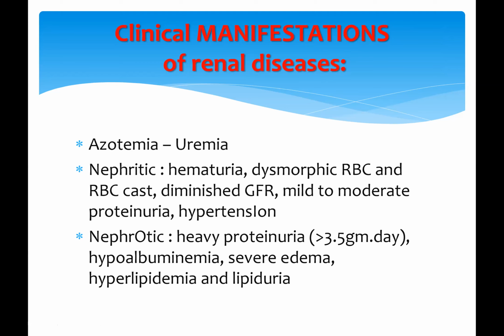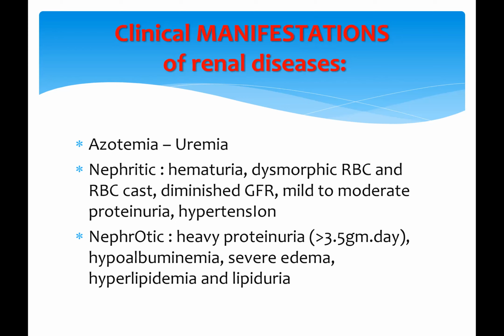It can also be pre-renal, which is, for example, when there is hypoperfusion of the kidneys impairing the renal function, such as in patients having hypotension, excessive fluid losses, or if the effective intravascular volume is decreased, like in patients with shock or volume depletion or congestive heart failure. It can also be post-renal azotemia.